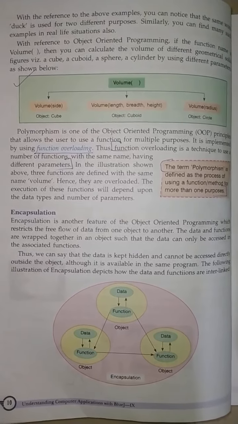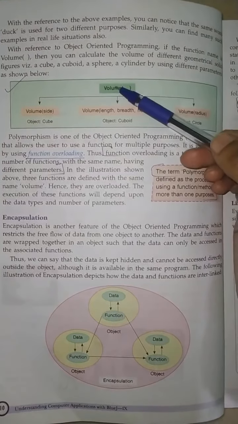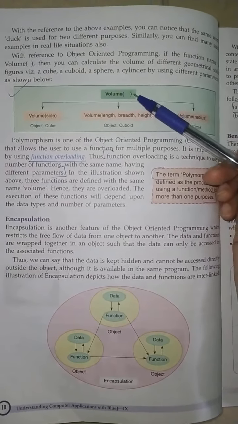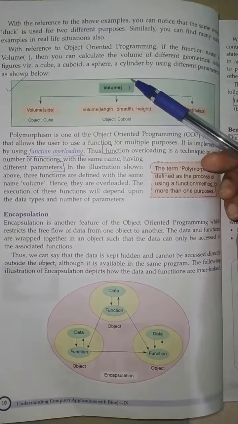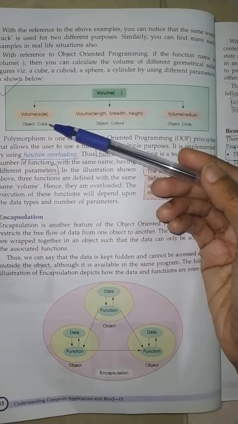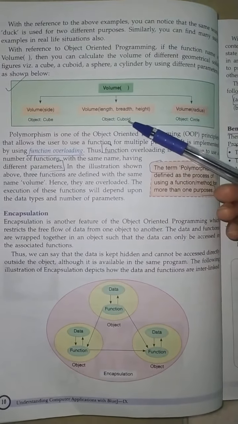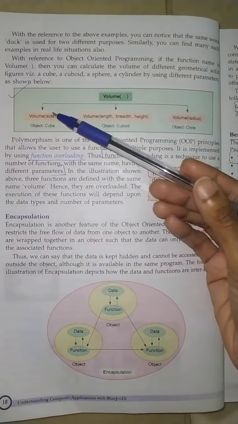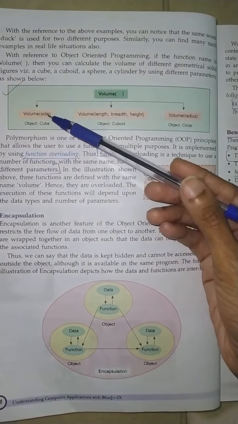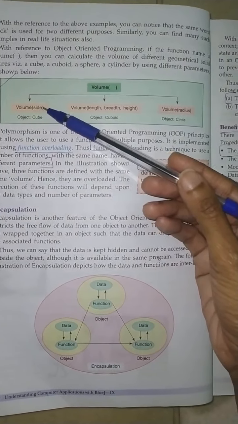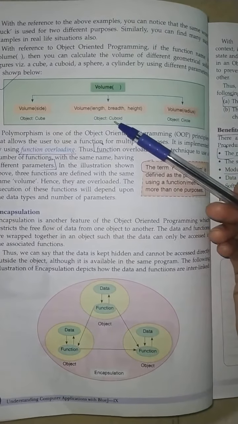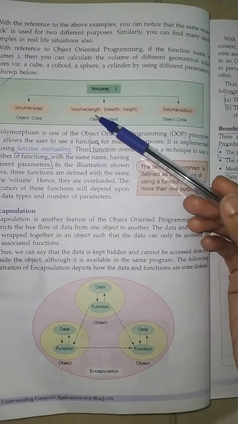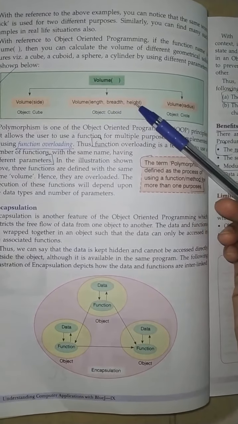This main polymorphism method we can achieve through object-oriented programming. See this example, the volume function. By using this same function name, we can find the volume of a cuboid, a cube and a circle also. If you want to find the volume of a cube, you need a parameter, the side of the cube. If you want to find the volume of a cuboid, you need 3 parameters: length, breadth and height.